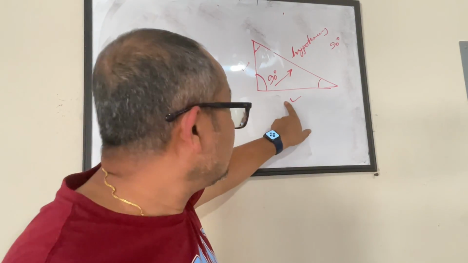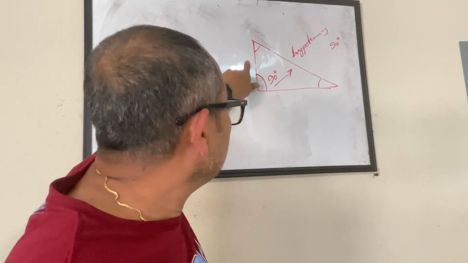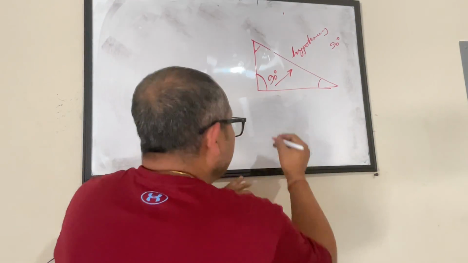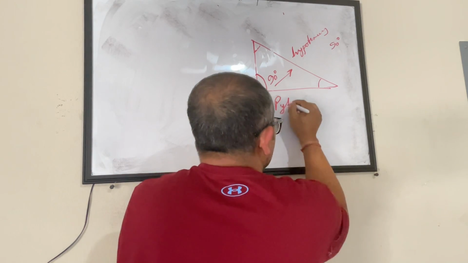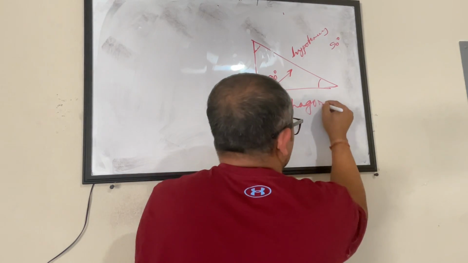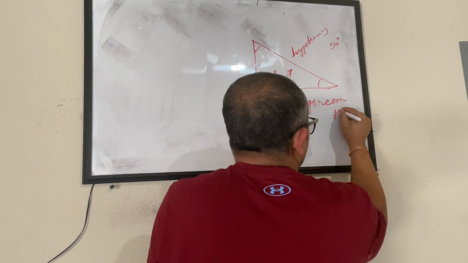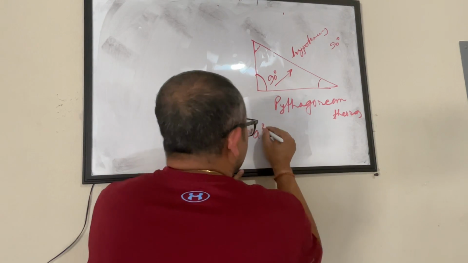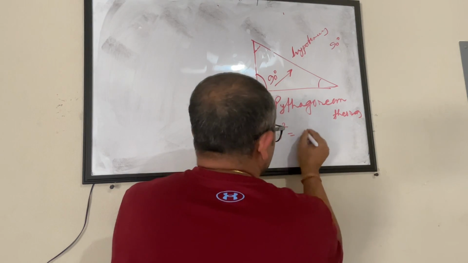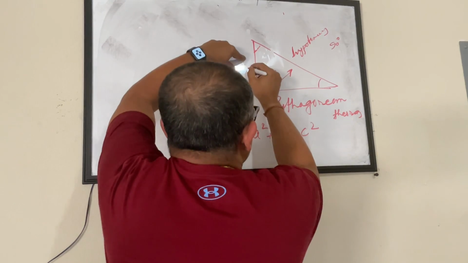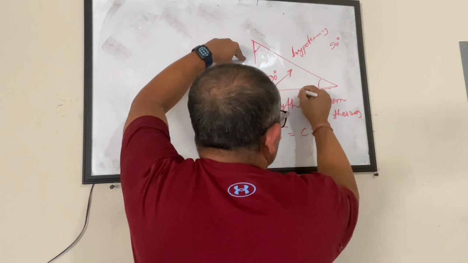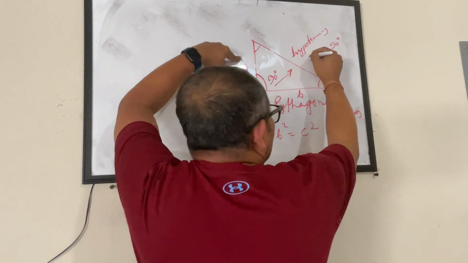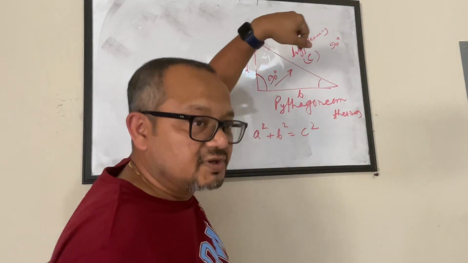There's another thing that we have explored in the previous classes, that is called Pythagorean theorem. What that says is a squared plus b squared equals c squared. a is one of the adjacent sides, b is the second adjacent side, and c is the hypotenuse.